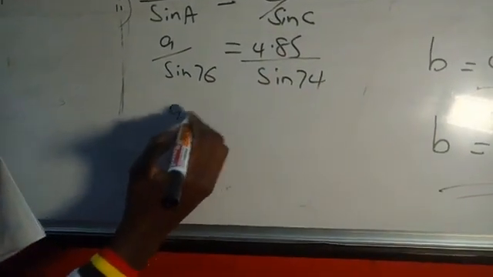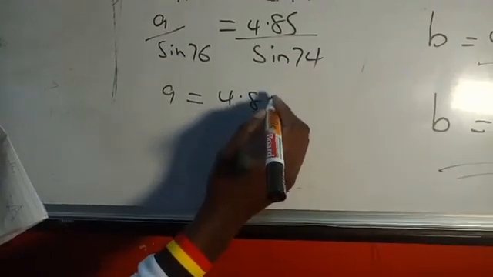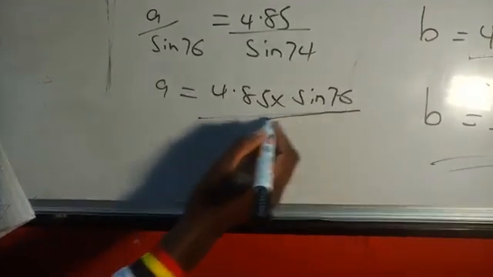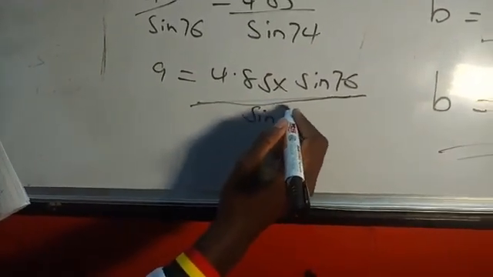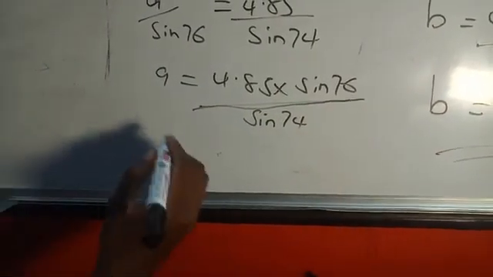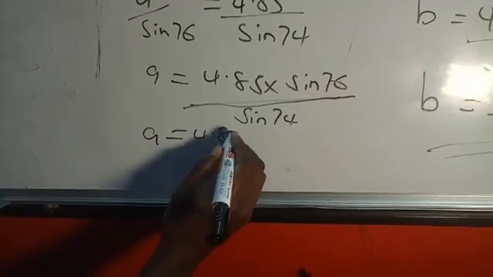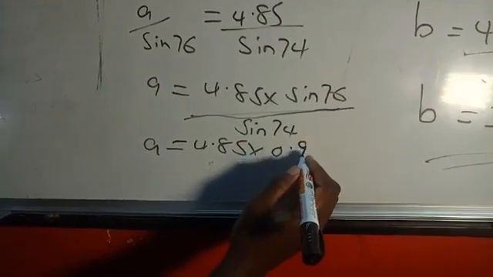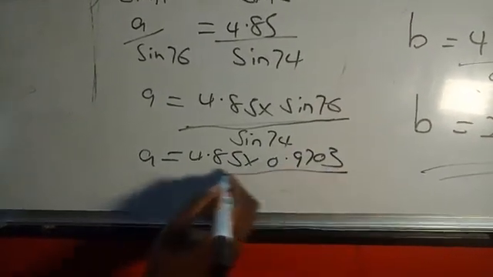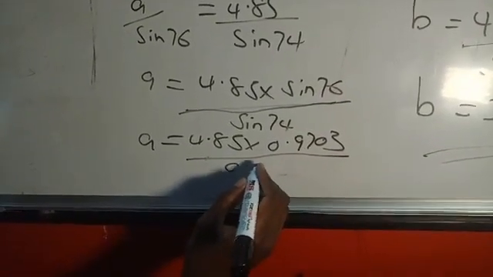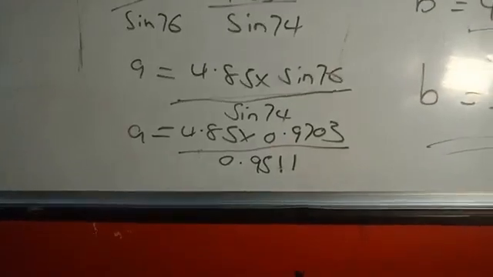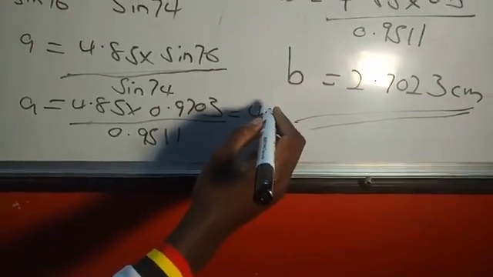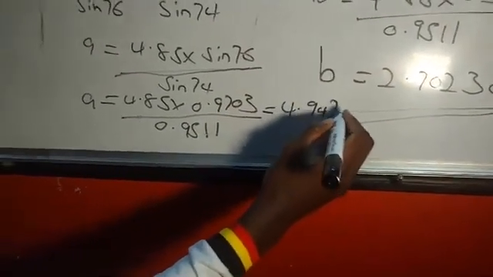So a will be equal to 4.85 times sine 76 over sine 74, equal to 4.85 times 0.973 over 0.9511, equaling 4.947 centimeters.